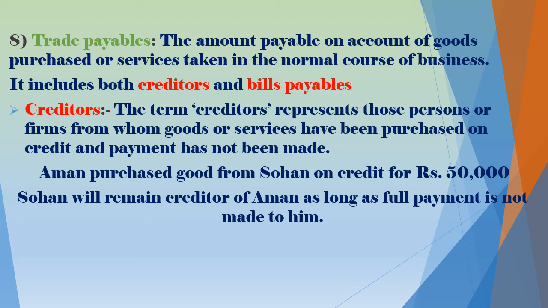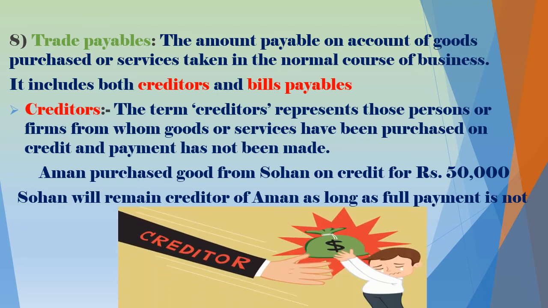Now creditors are those persons from whom goods and services have been purchased on credit and payment has not yet been made. So here what can we see? That Sohan will be the creditor because Sohan is the person from whom goods are purchased. So as long as the payment is not made to Sohan, Sohan will remain the creditor of Aman.